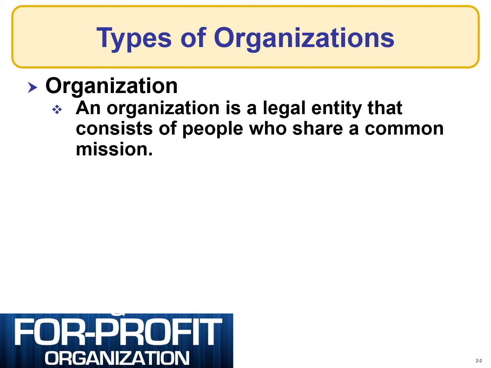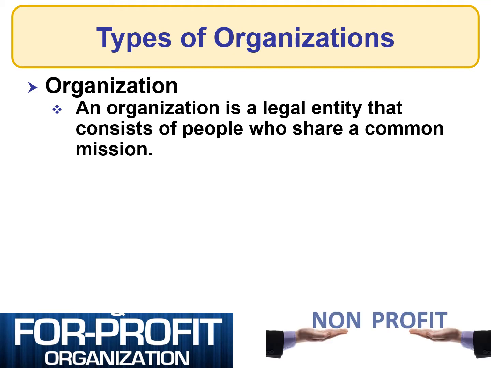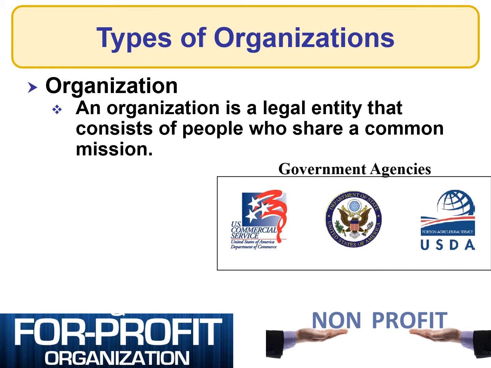Now, the first type of organization is for-profit organization. As the name suggests, these types of organizations are there to earn profit. Then we have non-profit organizations. These are ones that do not earn profit. They generally work towards a social cause or anything that benefits the society.